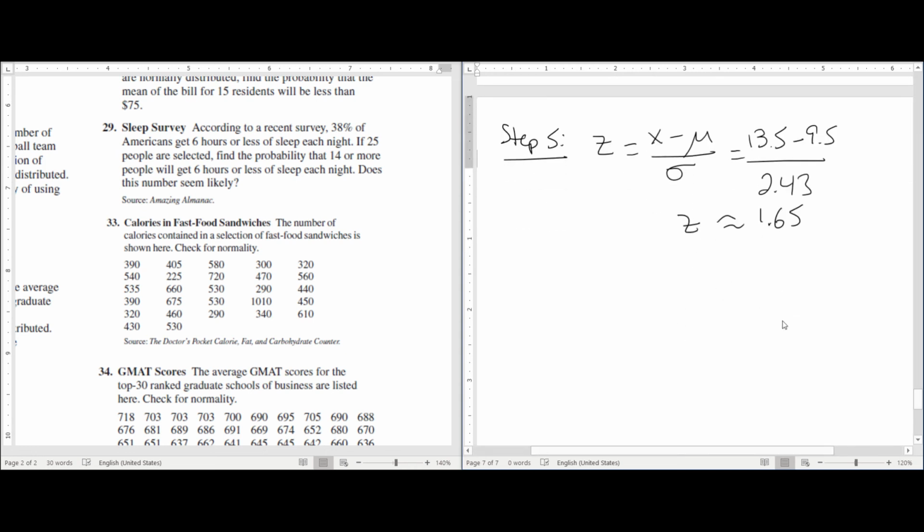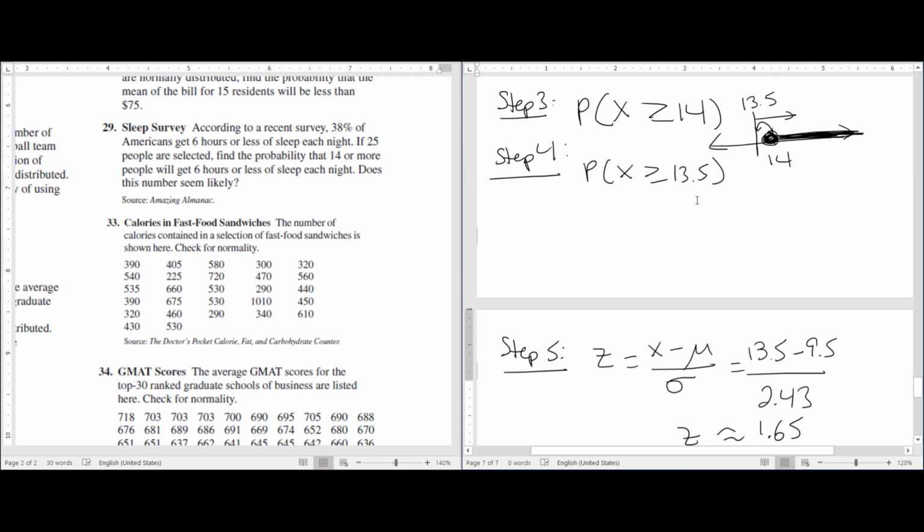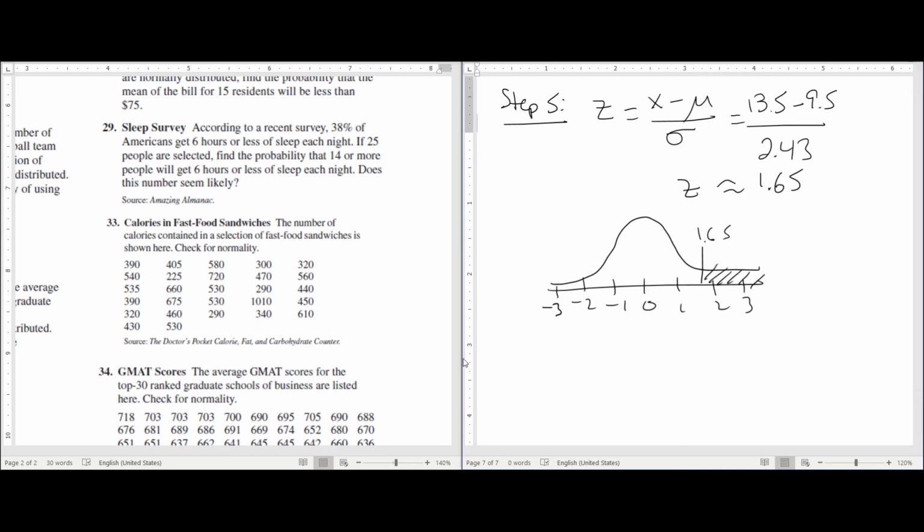If I were to draw the scenario out, 0, 1, 2, 3, negative 1, negative 2, negative 3. So 1.65 is here, and we want greater than. So step 6, we got to find the area. We want the probability that z is greater than 1.65, which means we do 1 minus the probability that it's less than, because remember the table gives us the less than.